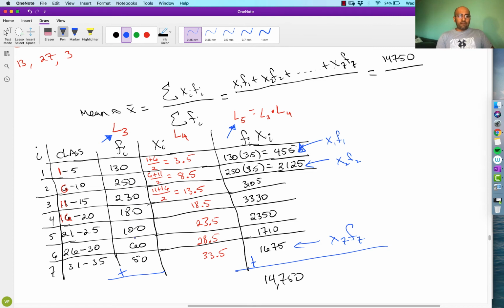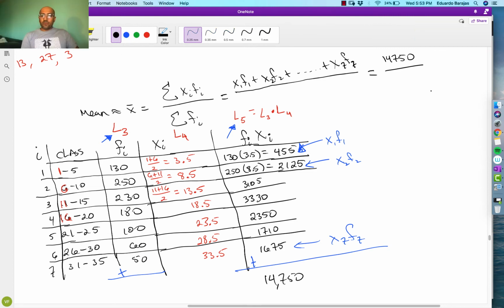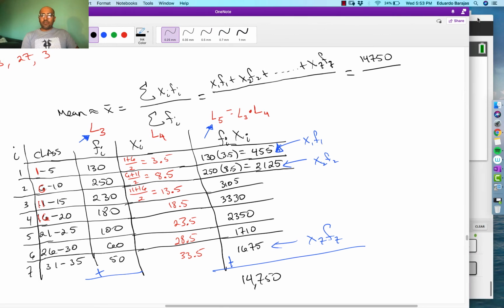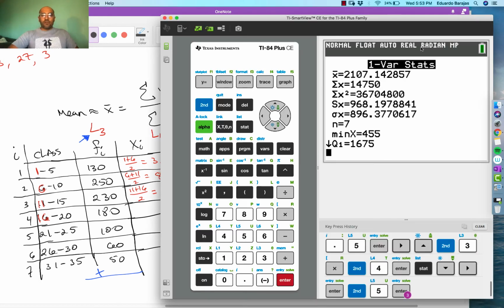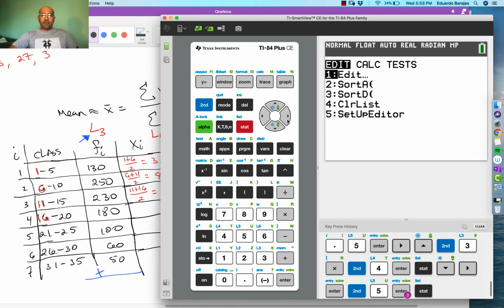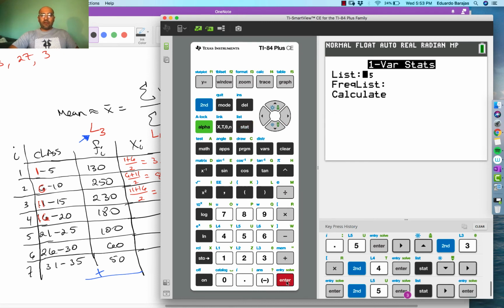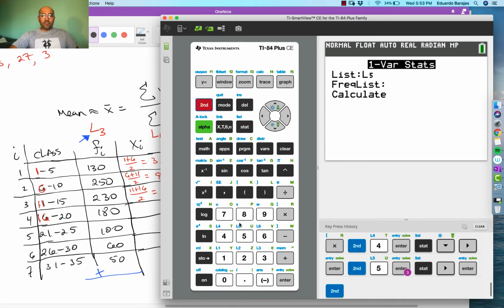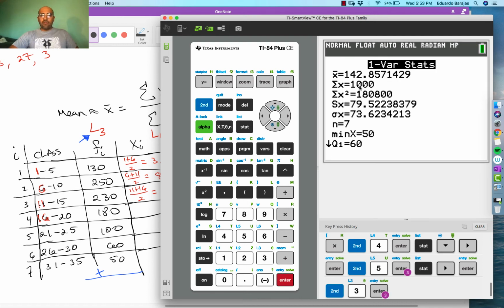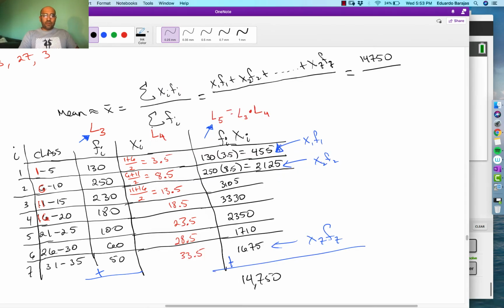So we're taking advantage of properties in our calculator. Let's go to stat, calculate, one variable stat, and then list 3. Enter, enter, enter. Okay, and then there it is. And it's 1,000.